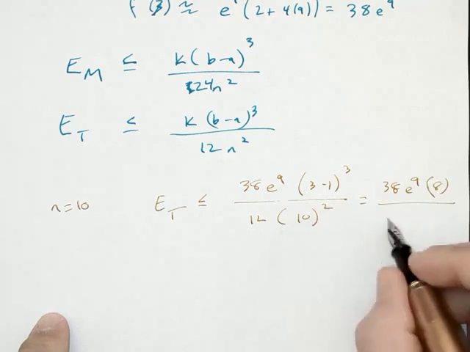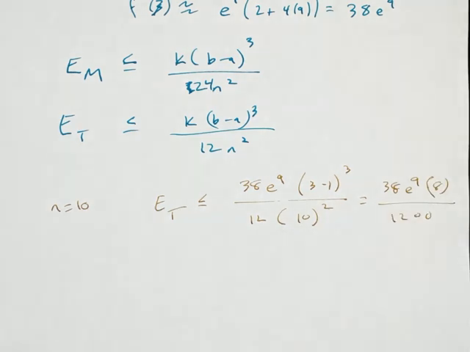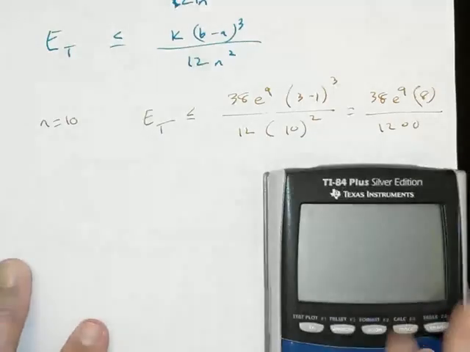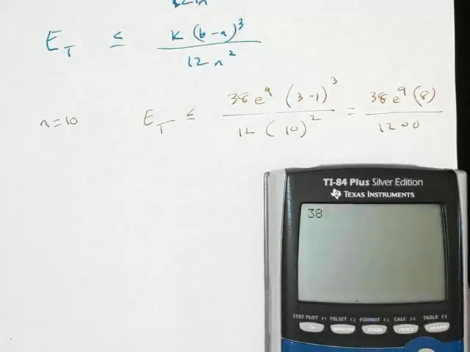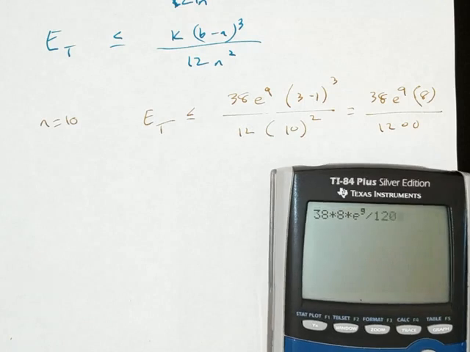We had 10 rectangles, 10 squared is 100 over 1200. 38 times 8 times e to the 9th divided by 1200. Yeah, my error was bigger than a lot, wasn't it? My error could be as much as 2,000. Which is why we came up with 800 and the calculator came up with 1,400. Yeah, that wasn't even close, was it?